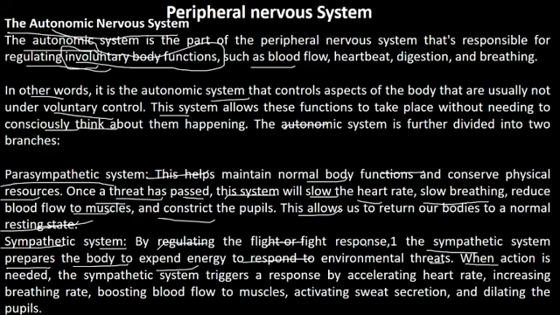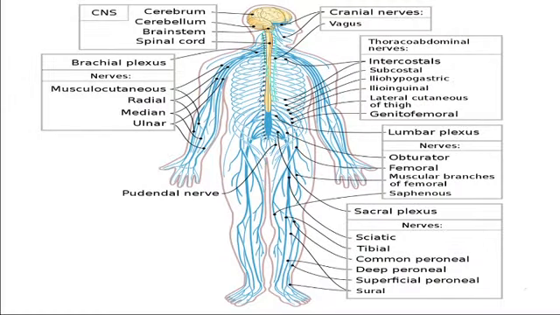When action is needed, the sympathetic system triggers a response: accelerating heart rate, increasing breathing rate, boosting blood flow to the muscle, activating sweat secretion, and dilation of pupil. So these are all types of different peripheral nervous system and how they emanate from the central nervous system, innervating your different parts of the body.